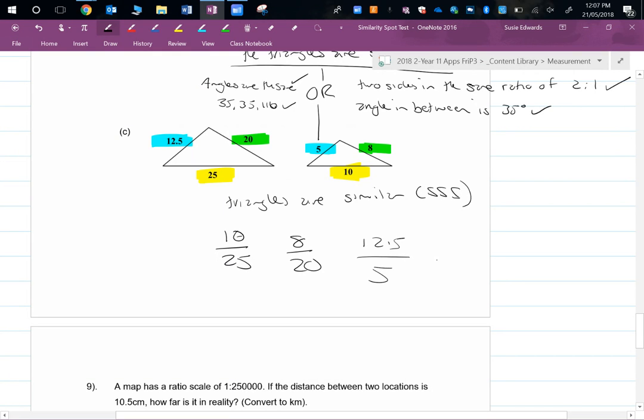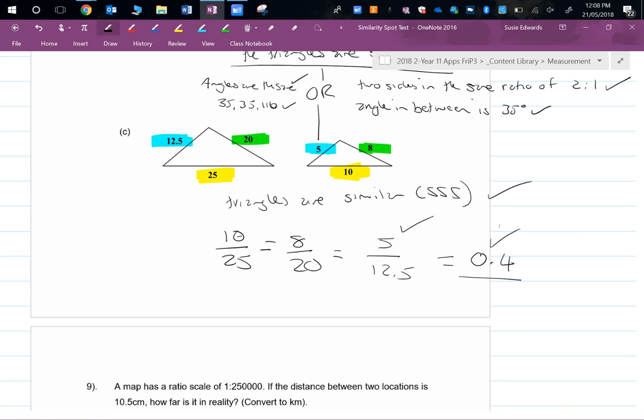They all equal 0.4, no, I've done this around the wrong way. 5 over 12.5, it's better. They all equal 0.4. So all 3 sides are in the same ratio of 0.4. That would be your answer.